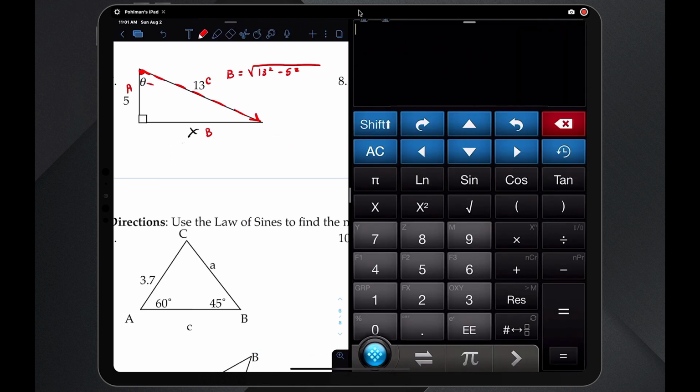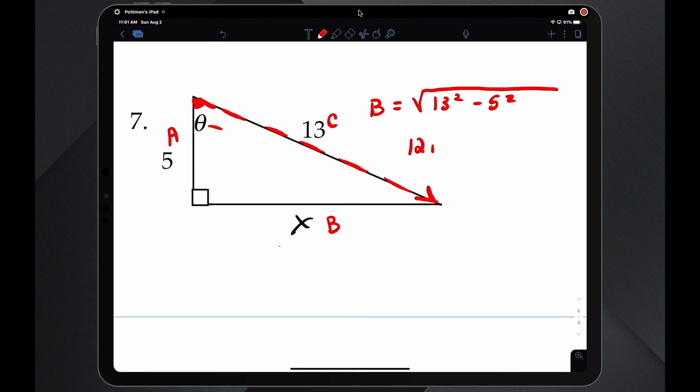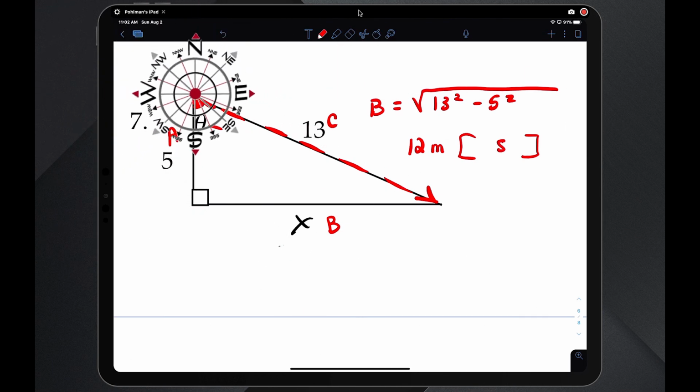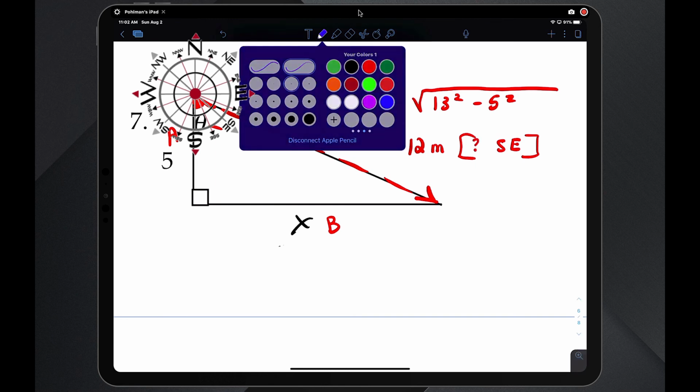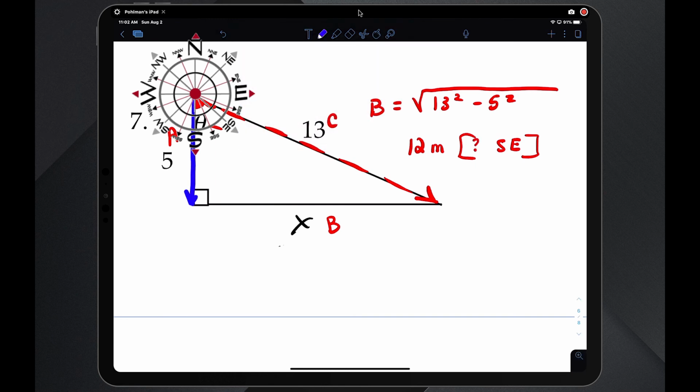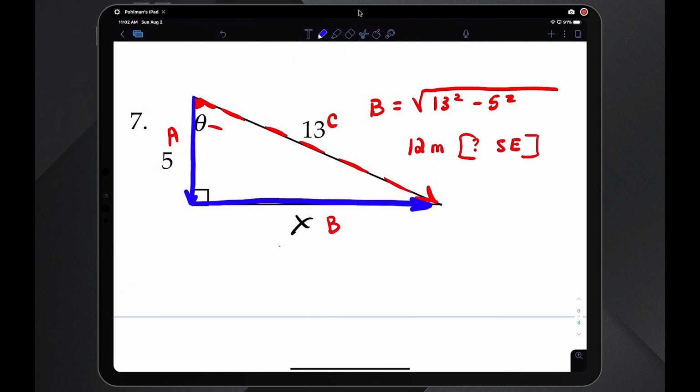We have our calculator. We go square root of 13 squared minus 5 squared. Our answer for that is going to be 12. So 12 meters, and then a direction for this, we would say to the southeast. And we know it's to the southeast because some part of this has to be to the south and some part of this has to be to the east in order to make up the red vector.